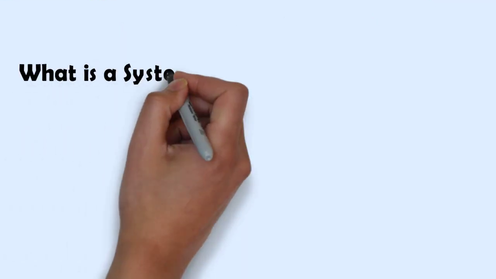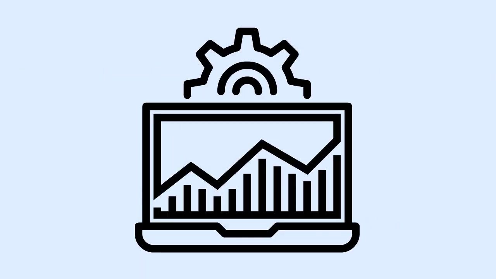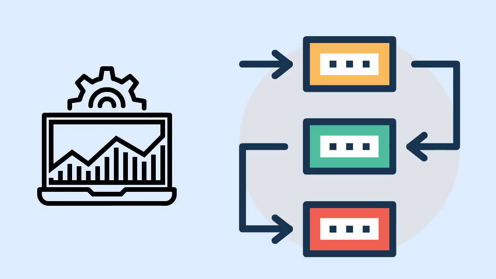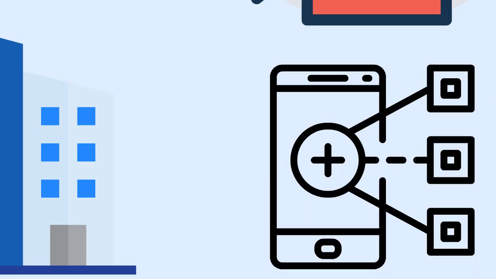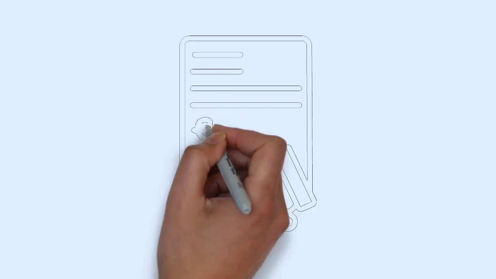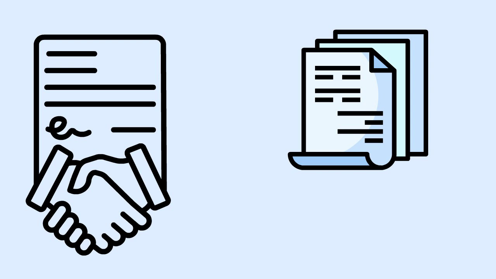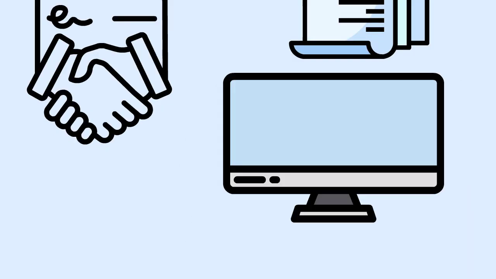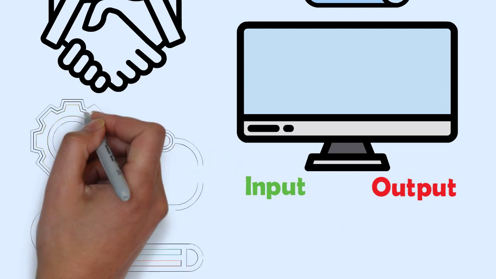What is a systems or horizontal flowchart? A systems or horizontal flowchart is a type of flowchart which shows the different departments or functions involved in a process and clearly outlines the segregation of duties. Furthermore, it documents both manual and computer processes as well as the input, output, and processing steps.